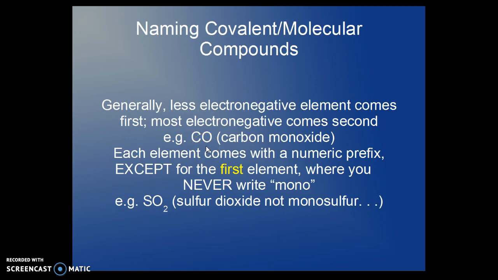Except for the first element, where you never write mono. So I'm tempted to say monocarbon monoxide, but we don't do that. If there's just one of these first elements, then you don't say mono, you just say carbon, or for instance, in this case, this is sulfur dioxide, not monosulfur dioxide.